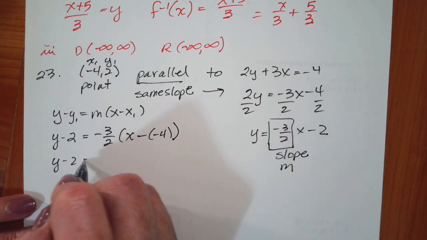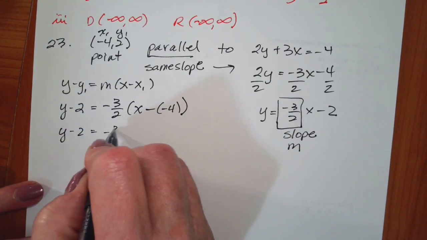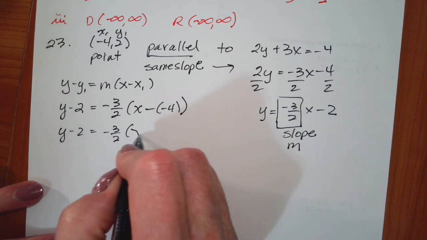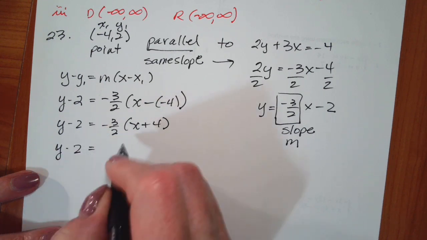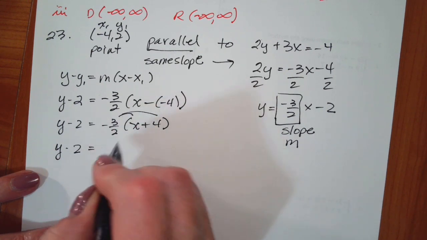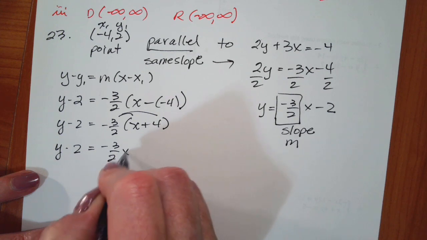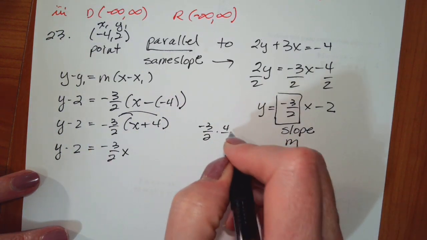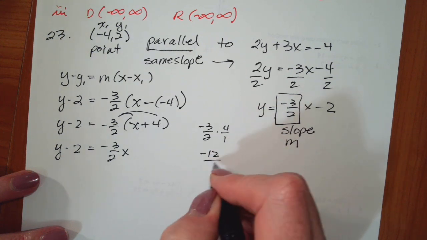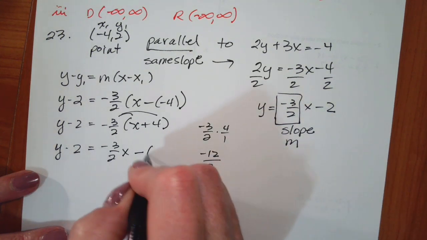So that's y minus 2 equals negative 3/2 times x plus 4. So y minus 2 is equal to negative 3/2 x, and negative 3/2 times 4 over 1 is negative 12 over 2, which gives me a negative 6.